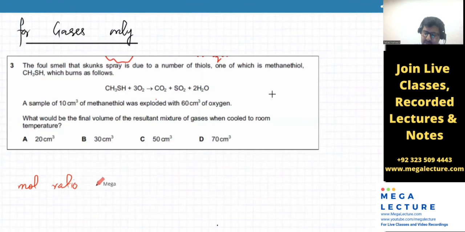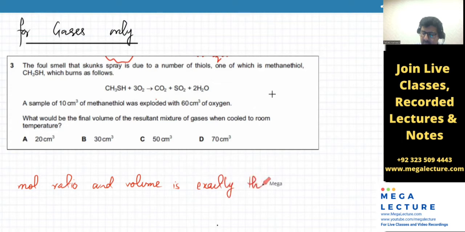So mole ratio and volume ratio is exactly the same, but only for gases. Like if I have a reaction in which N2 gas reacts with H2, and it ends up producing 2 NH3 gas molecules, right?